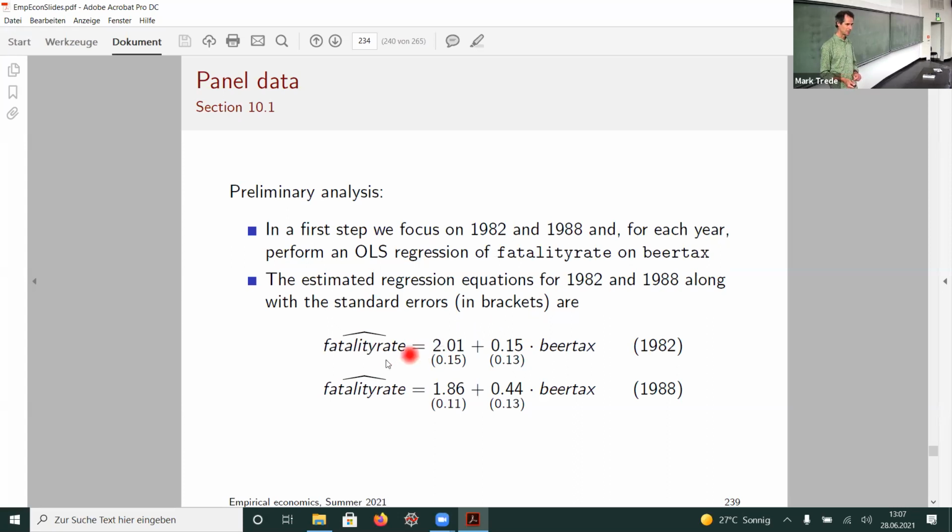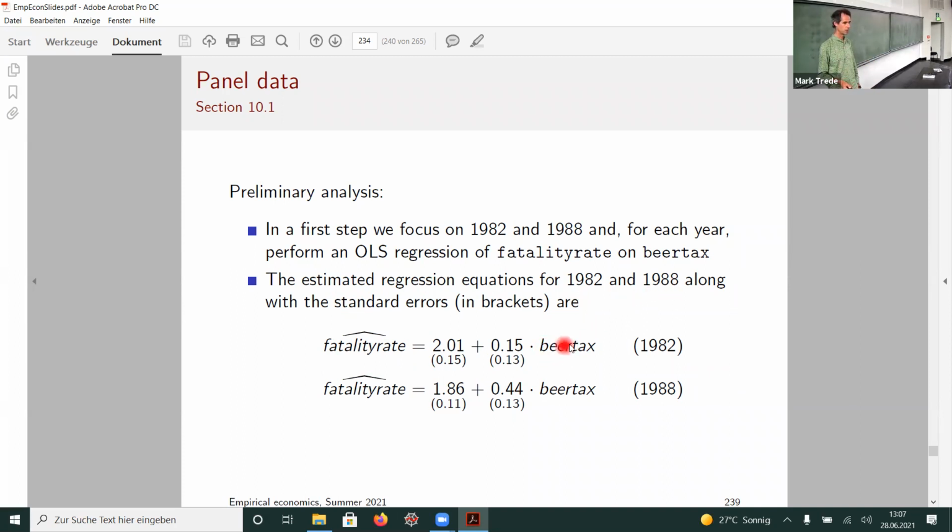Yeah, so let's just briefly repeat that. The argument is that we have a case of reverse causality. So it's not the beer tax that drives the fertility rate, or at least not only, but the fertility rate will also have an impact on the beer tax, because politicians who are faced with very high fertility rates are more likely to increase the beer tax.